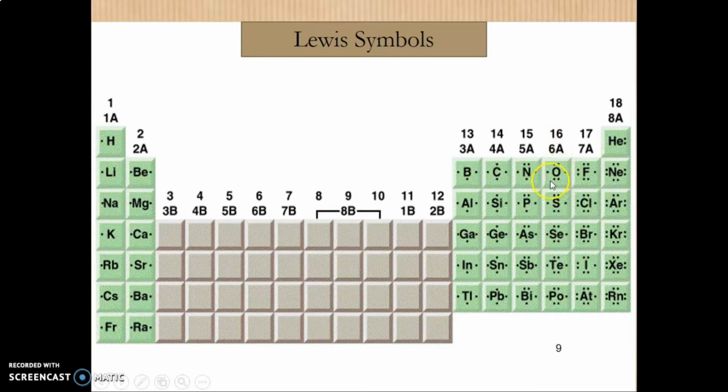So the electrons, firstly we put at the left side, then right side, then at the top, at the bottom, then at the top again, and then at the bottom. So this is the Lewis symbol for the element.